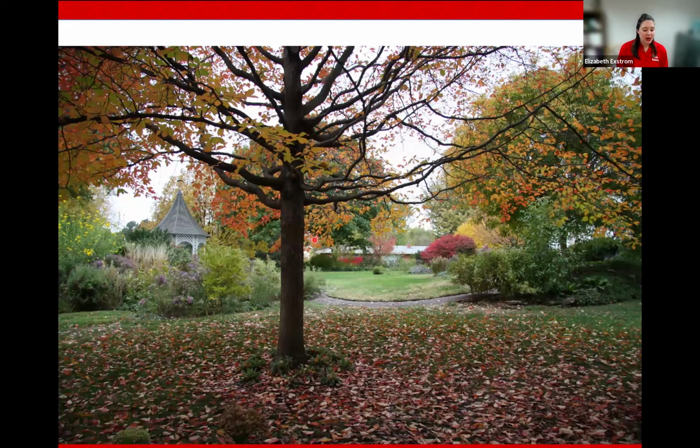Also, we're going to talk about the balance of the landscape. By balance, we're talking about, do we have equal plant material on either side? Is it something that feels like the picture is going to tip over to the side? We have a very distinct line in the turf through the walkway here that draws your eye around. Also, we've got a very distinct vertical line from the tree trunk in this location.